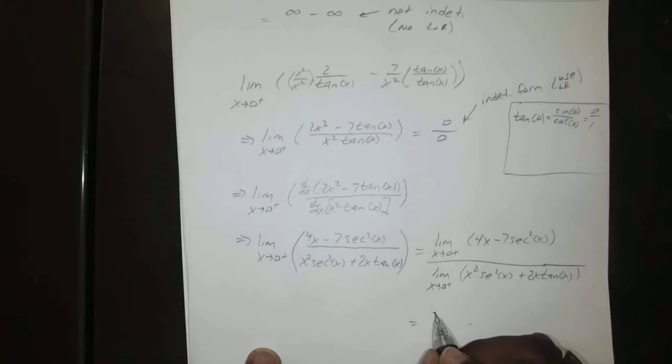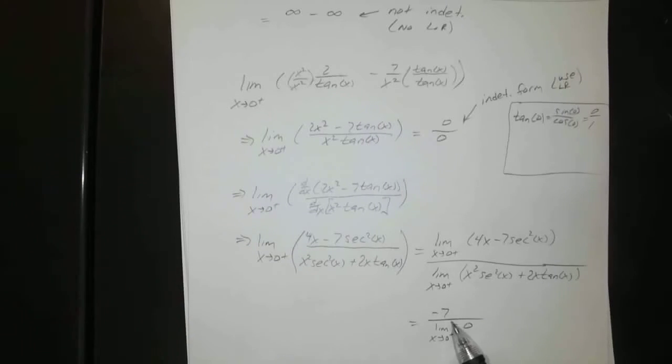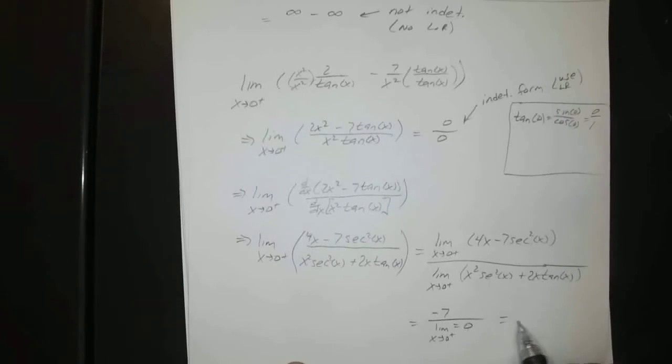So you have negative 7 over the limit, which is really equal to 0. As the denominator gets smaller and smaller, this number gets closer and closer to negative infinity. So you end up with negative infinity.